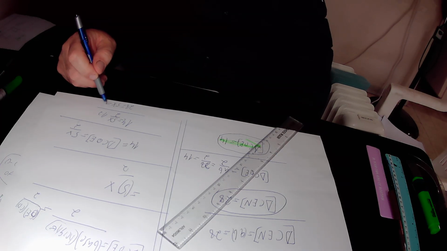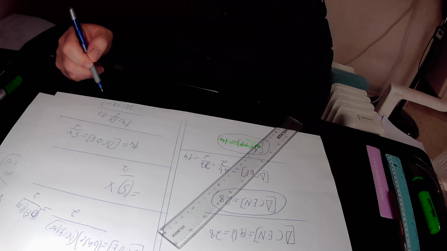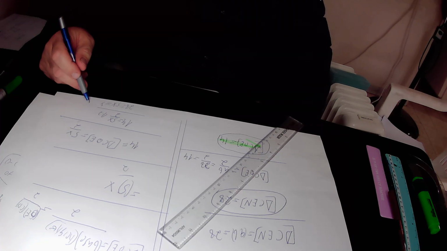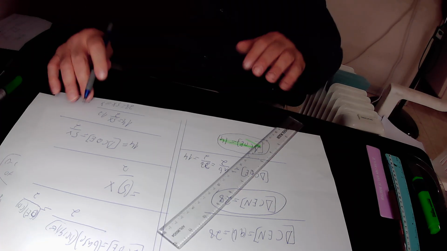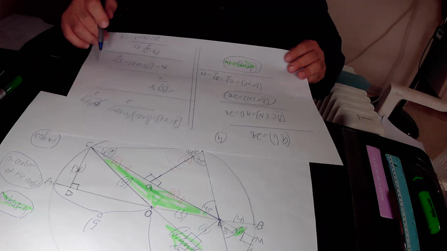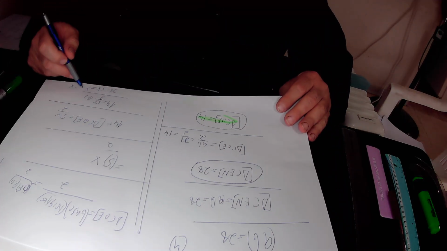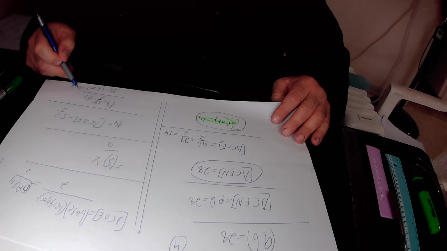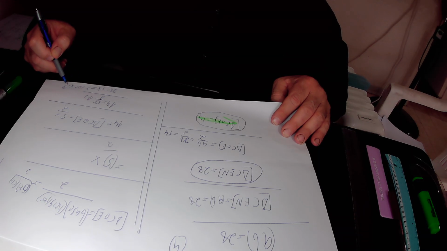Here we divide this equation by 5 and finally get that x, which equals CD, is 28 over 5 units. In terms of numbers, 28 over 5 is 5.6 units.